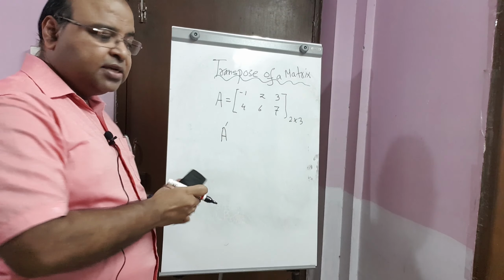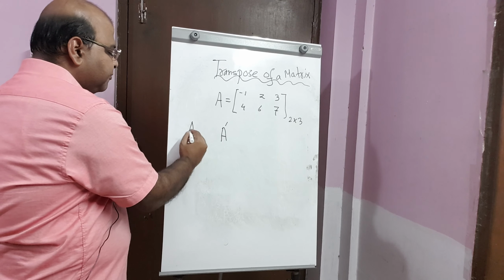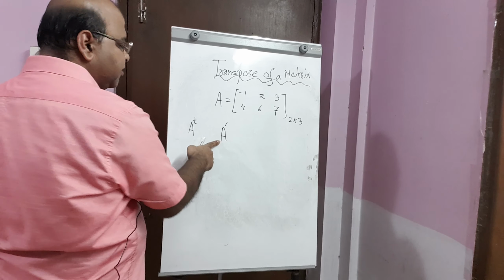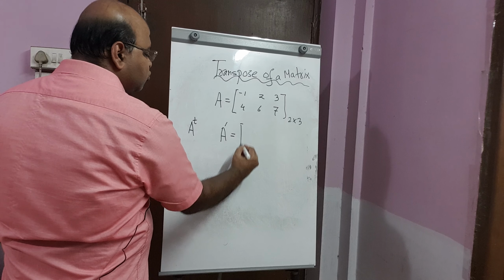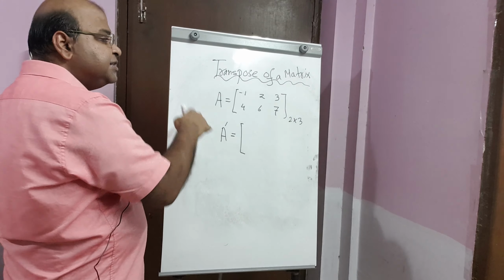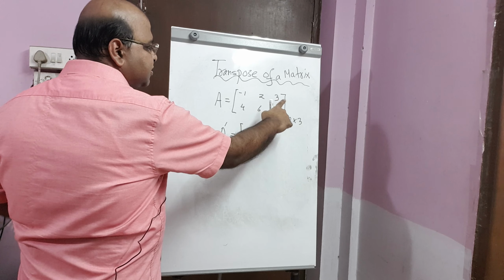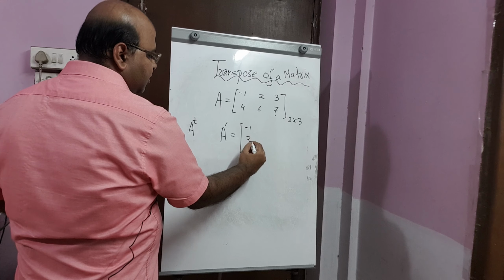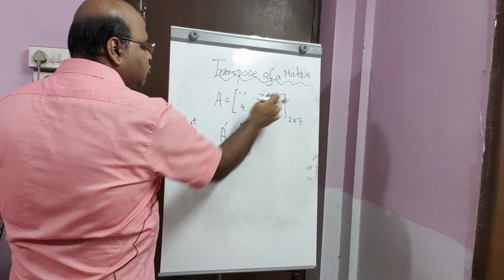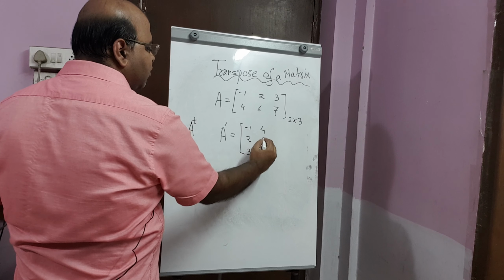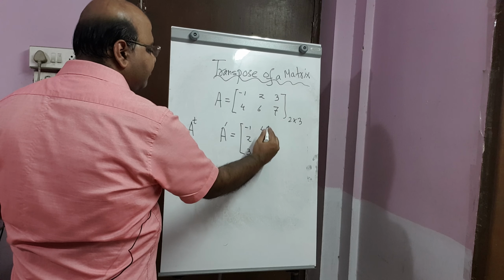Some authors also use the symbol A T for transpose, A T or A dashed. So this is another matrix formed from A by interchanging its rows into columns. That is, we write the first horizontal line as the first vertical line, so we are making the first row into the first column, and similarly the second horizontal line is written along the second column, that is the second vertical line.